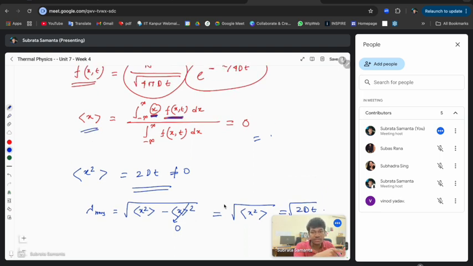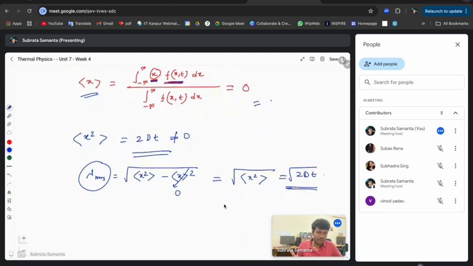It depends on time, and D is the diffusion constant.